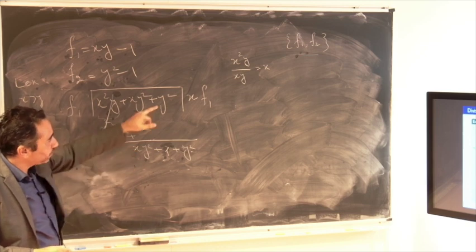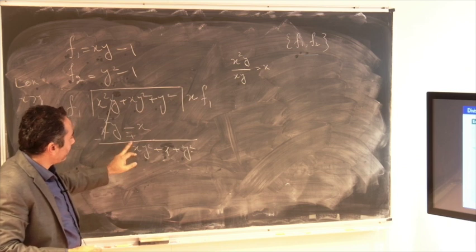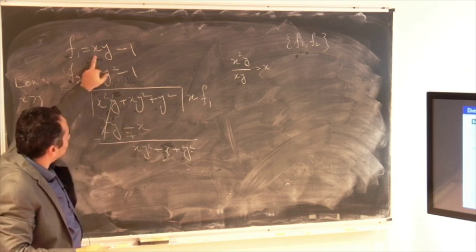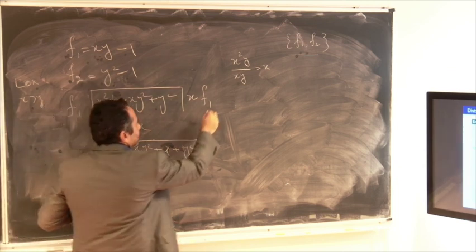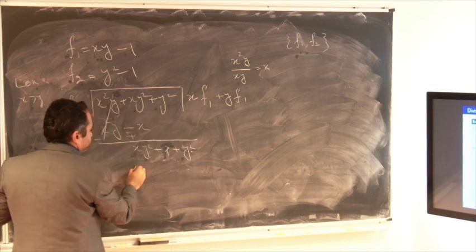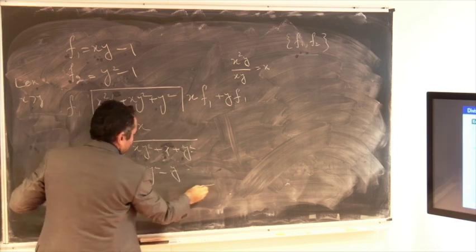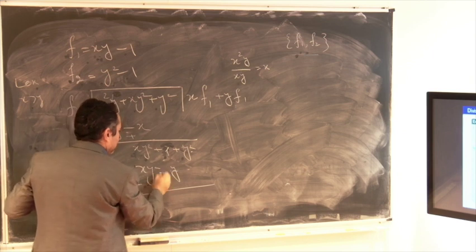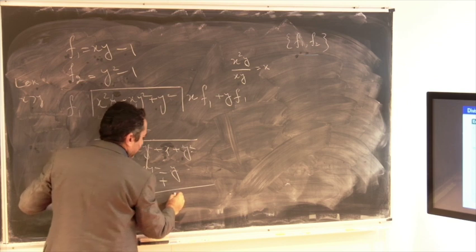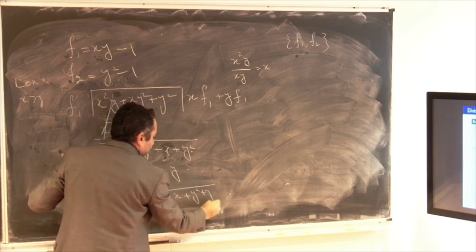Using the same technique, we multiply f1 with xy square divided by xy, we get y, so it's plus y times f1, and we get xy square minus y, and this negative and plus will cancel out. Then again I write it in the form of the ordering, so it's x plus y square plus y.